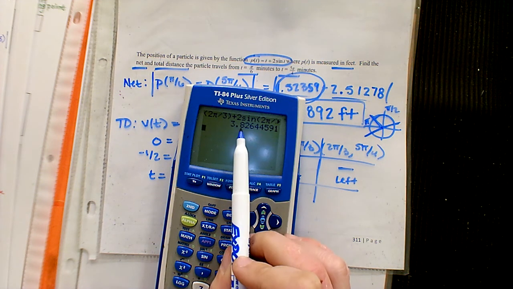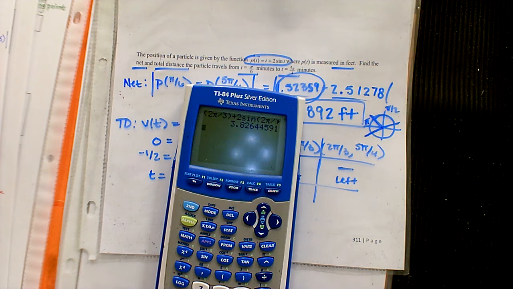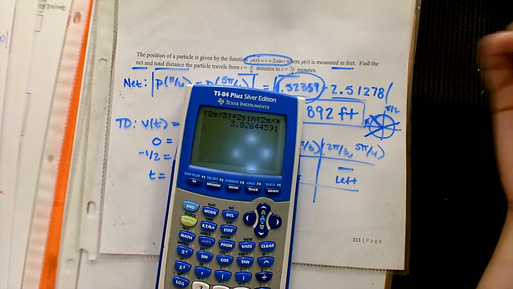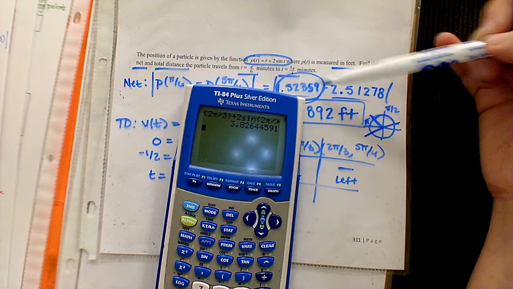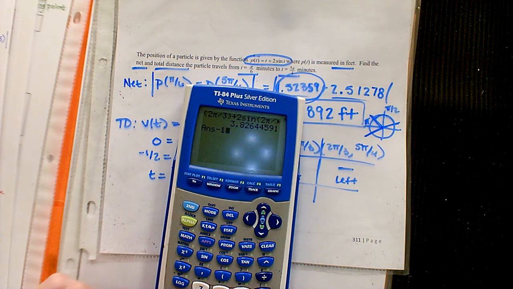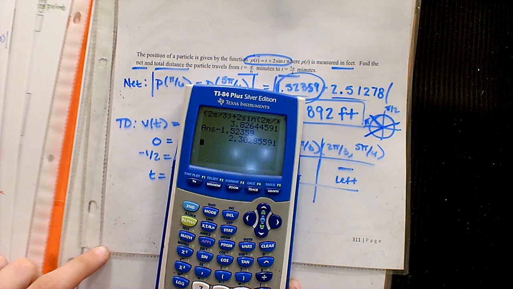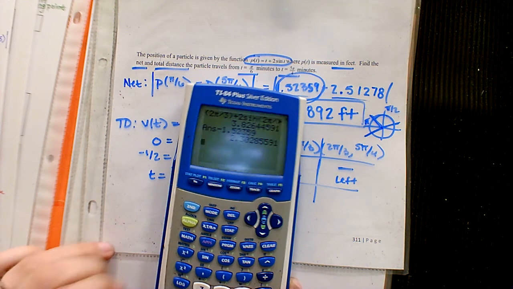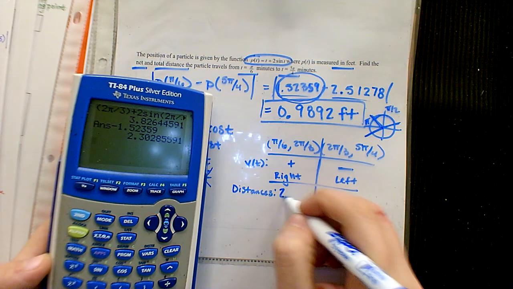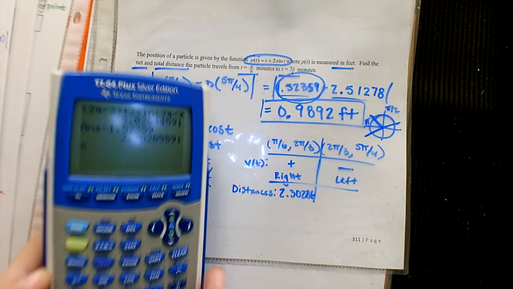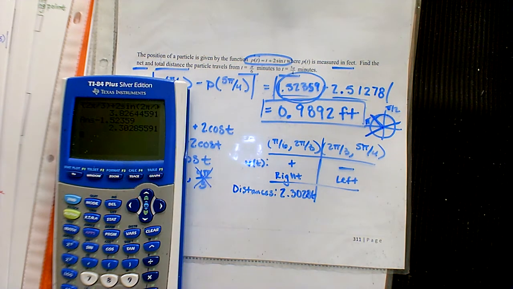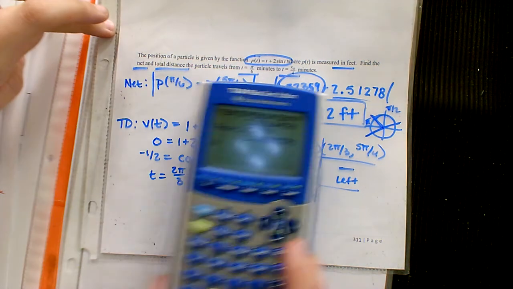All right, and I got 3.826. So if I find the difference between this number and the 1.52359 that we had previously, we'll get 2.30286. This is not my final answer, so the more decimals I have, the better.